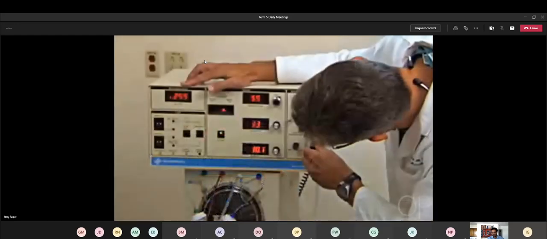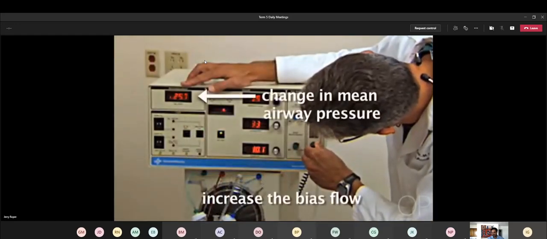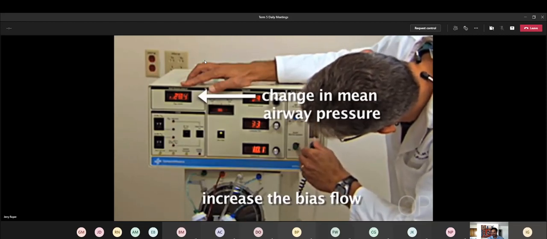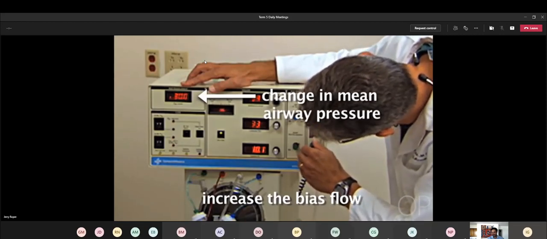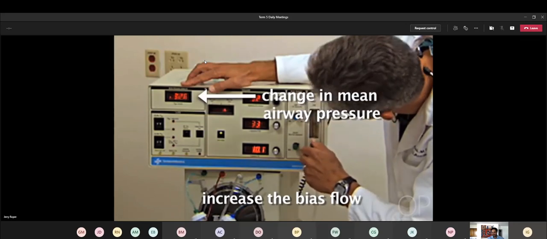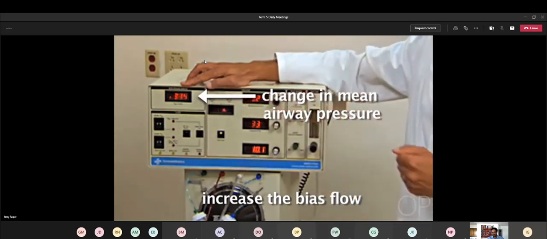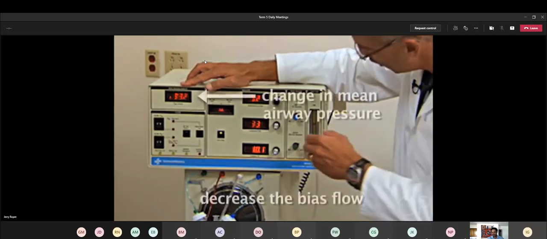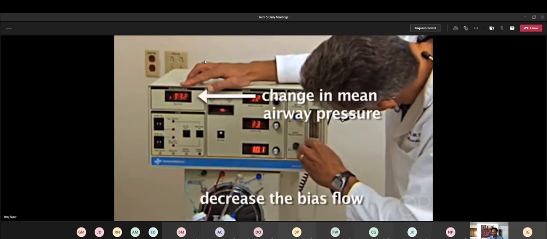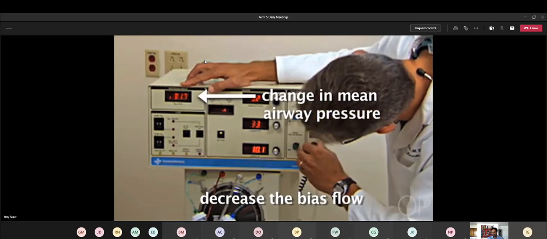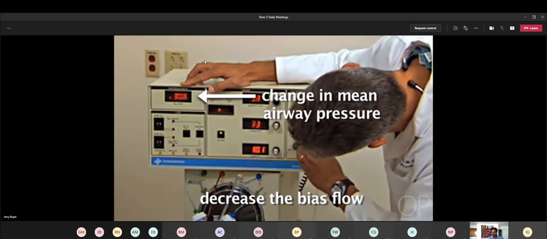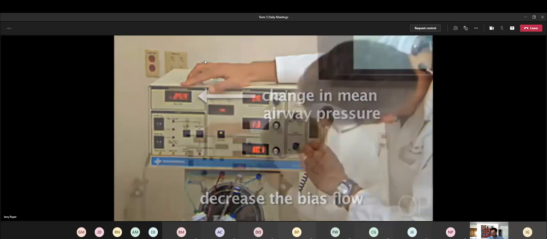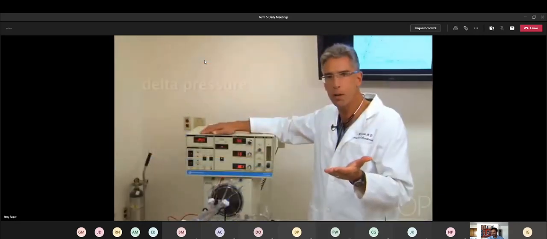So I'm going to now increase the bias flow from 20 to 25 to 30 liters per minute. And look what it's done to the mean airway pressure. It's increased it dramatically. Let me go back to 20 and you'll see that in reverse. 25 and 20. So that's mean airway pressure.